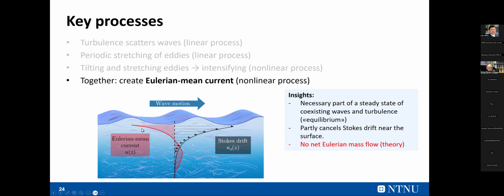Now, this Eulerian current, which I hurry to say is not our invention in any way, doesn't incur any net Eulerian mass flow. Actually, it cannot because of momentum conservation. And it has, in fact, been both predicted and observed before, but I don't think it's well known to this particular community.